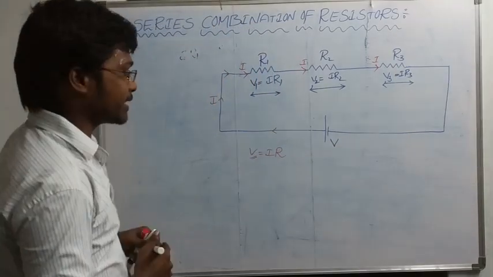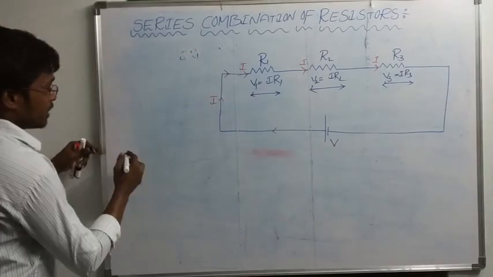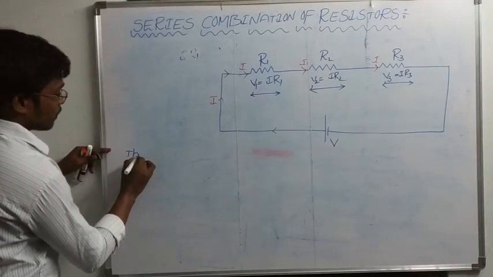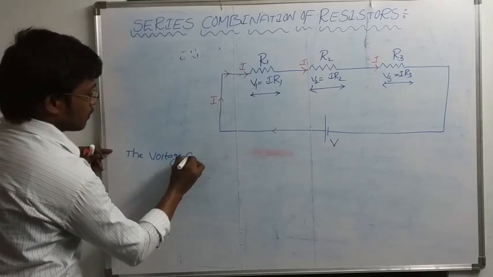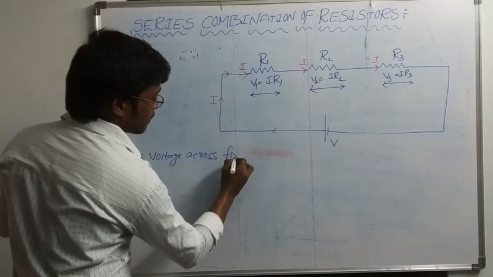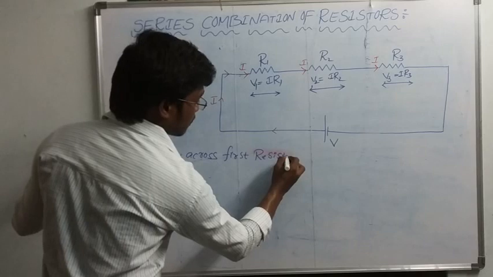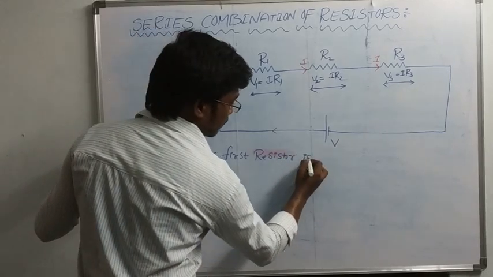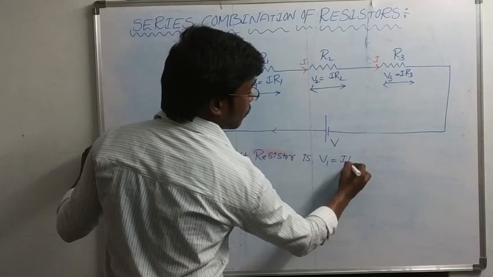So I am going to write the steps. Please observe. The voltage across the first resistor is V1 is equal to I into R1.